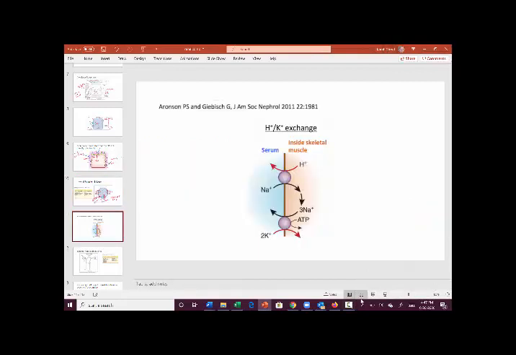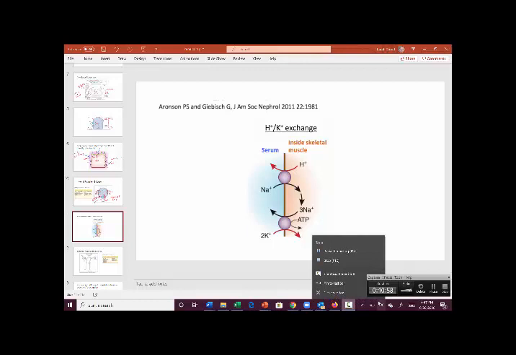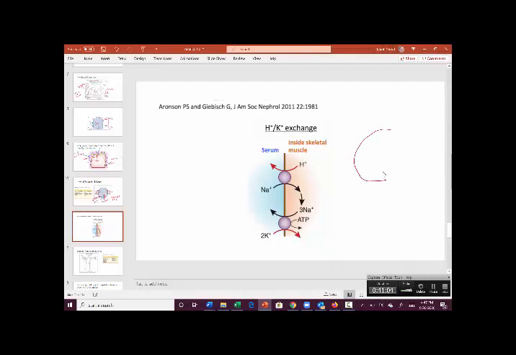Now, here's the thing. That picture on the previous slide where I showed you this supposed hydrogen potassium exchanger does not officially exist.